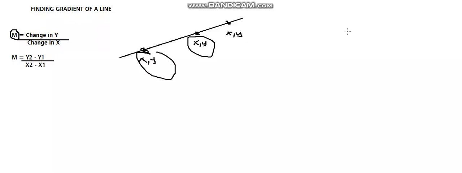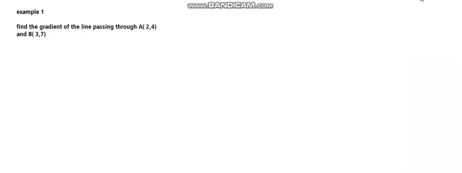So let's look at an example. Find the gradient of the line passing through coordinates A (2, 4) and B (3, 7). You know that gradient is equal to y2 minus y1 divided by x2 minus x1.